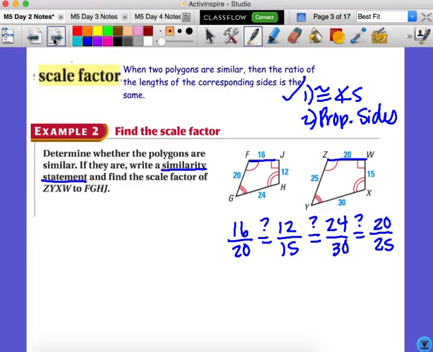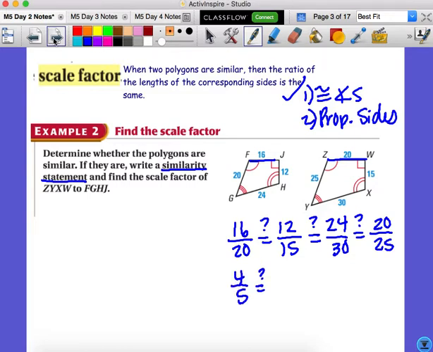Now notice every time I formed that, I went from the figure on the left to the figure on the right. We could have also done that in reverse order, from right to left, but we have to be consistent among the different ratios, so we can't bounce around. So I need to make sure that all four of these will simplify to the same fraction. This first one simplifies to 4/5.